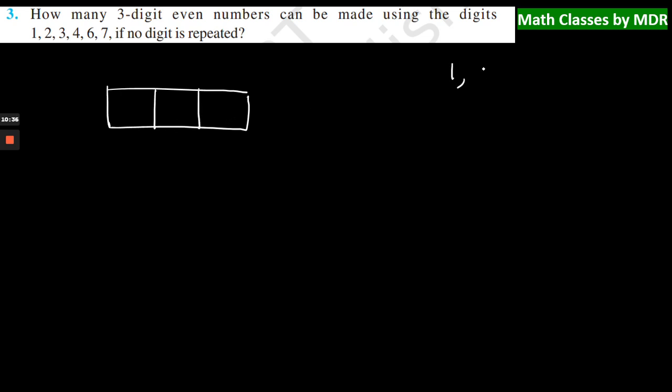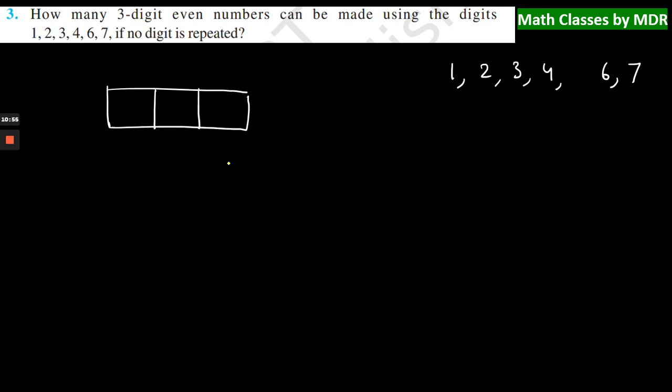Out of 1, 2, 3, 4, 5, sorry, 5 is not there: 1, 2, 3, 4, 6, 7. We have to form 3-digit numbers such that all of them must be even.